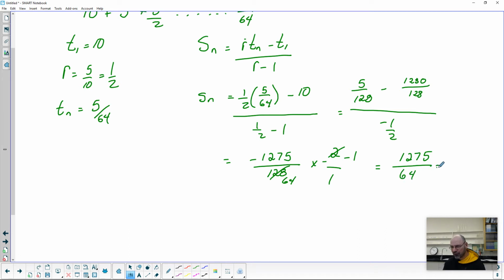If you want to write it as a mixed fraction, that would be 19 and 59/64. Or if you like decimals, you can go 19.82 something.